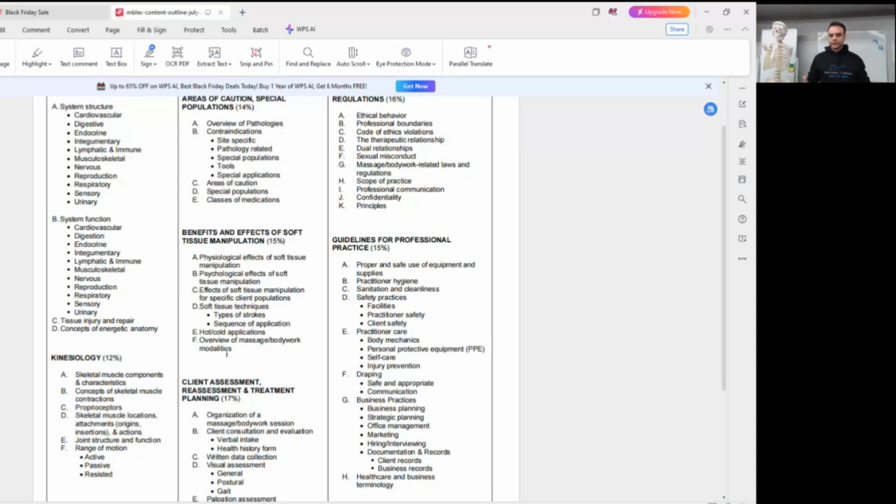Now, resisted is where it gets a little confusing, and I would even suggest that there's another topic they missed there, which is assisted exercises as well. But resisted and assisted exercises change the dynamic of the movements, right?